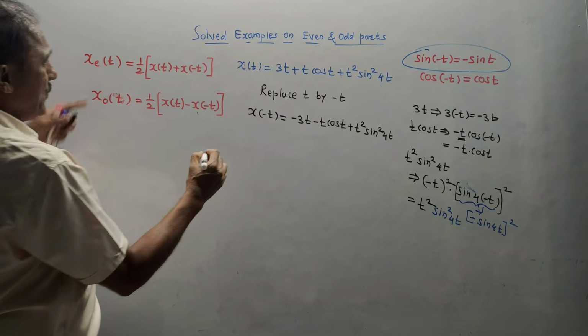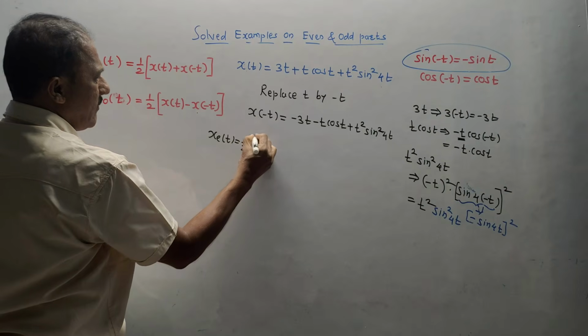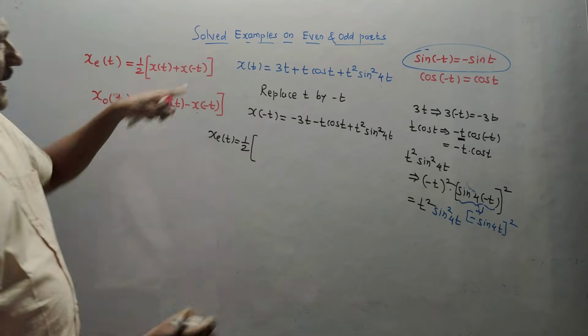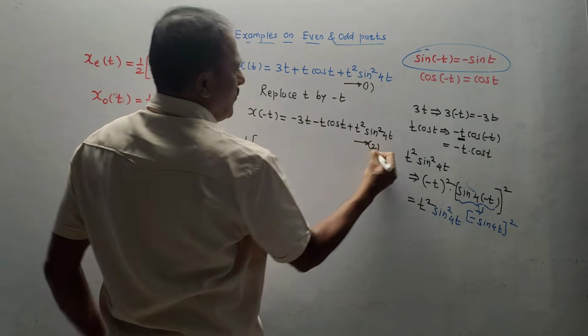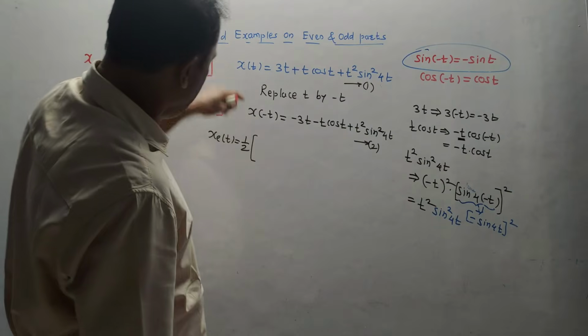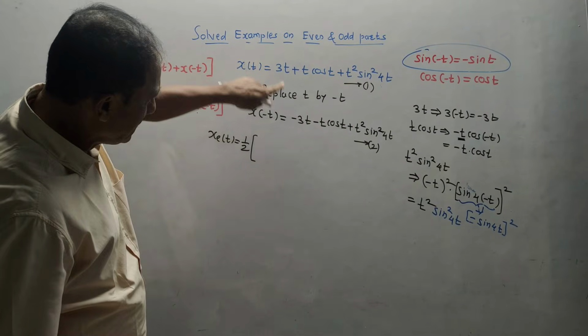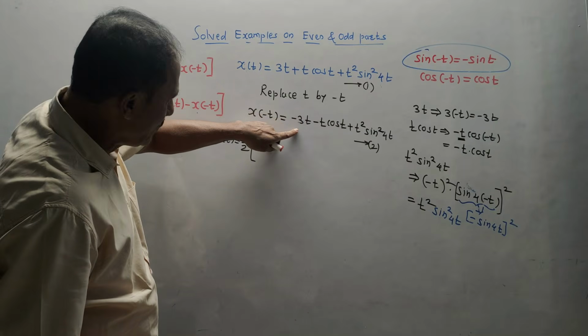Now we first have to calculate the even part. We have the same standard formula, 1/2 of x of t plus x of minus t. Say equation 1, equation 2. Once you get the equation of x of minus t, the remaining part is just mathematical and pretty simple. Add term wise: the first term 3t and the first term minus 3t become 0.